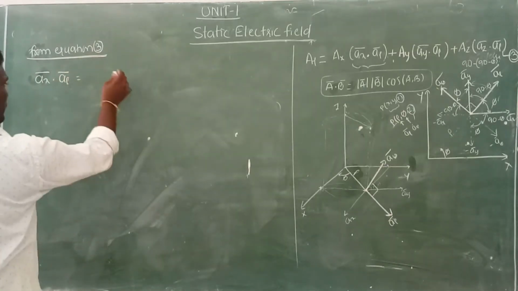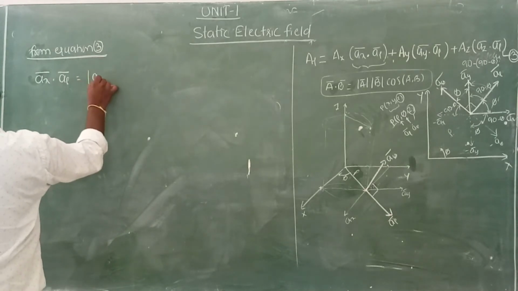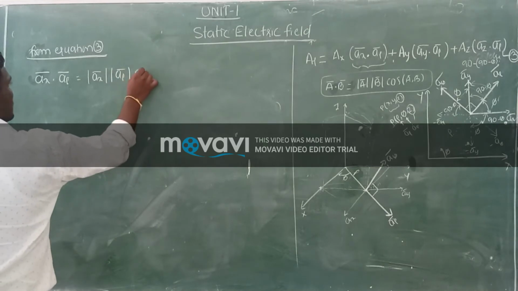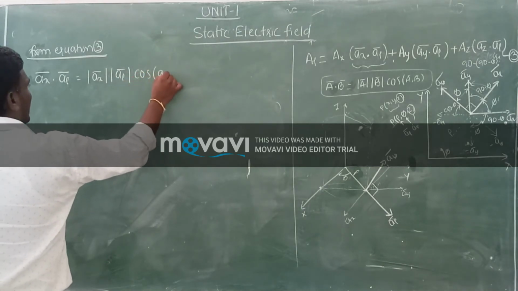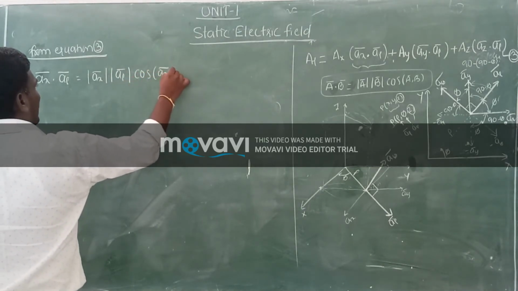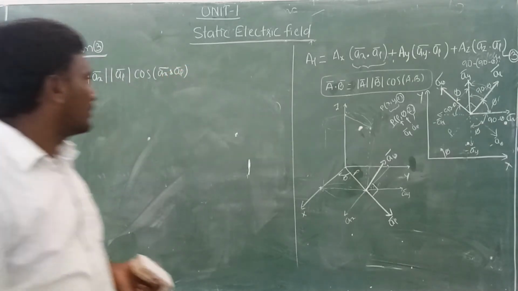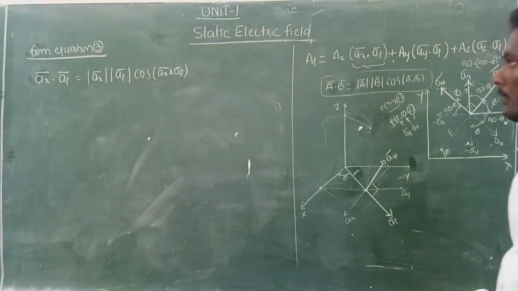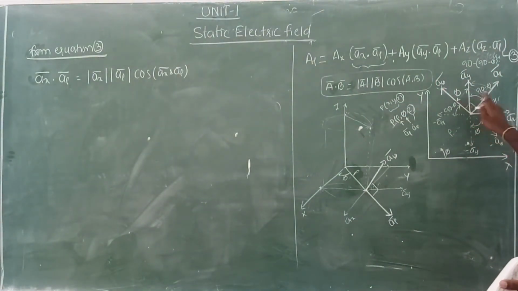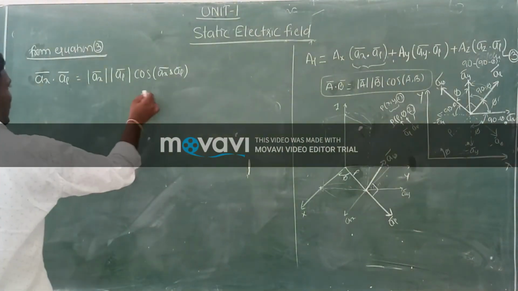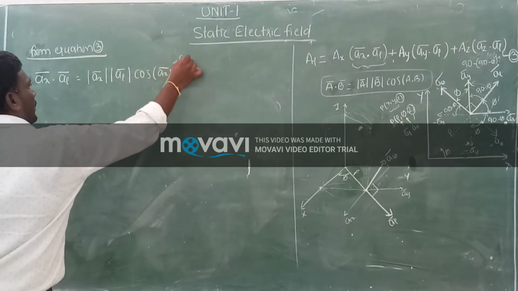From the definition of the dot product, it is the magnitude of a_x bar, times the magnitude of a_rho bar, times cos of the angle between a_x bar and a_rho bar. What is the angle between a_x bar and a_rho bar? Where is my a_x bar? This is the a_x bar and this is a_rho bar. The angle between a_x and a_rho bar is phi, from the figure.